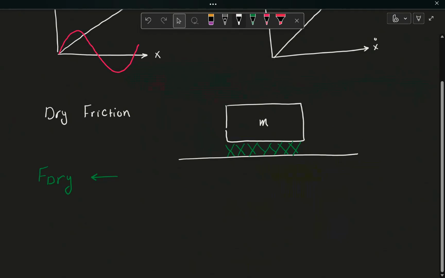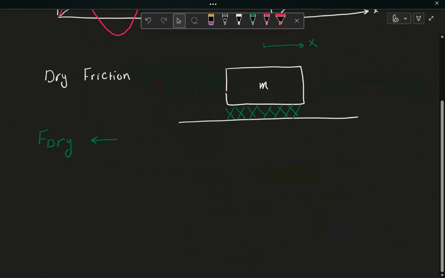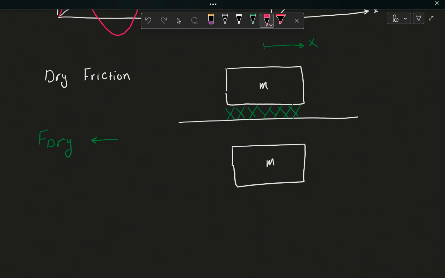So for instance, if you assume your box is going to the right, and I show the free body diagram for this box, neglecting all the other forces, the friction force will go to the left.